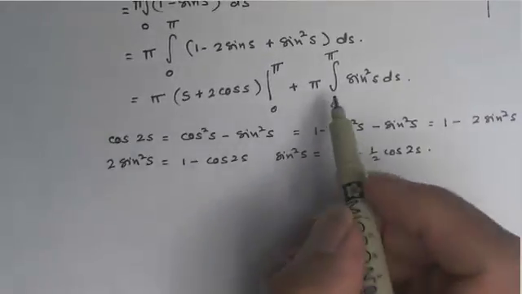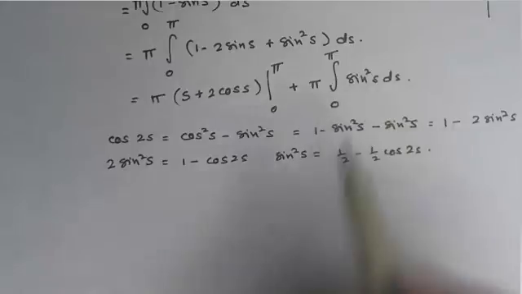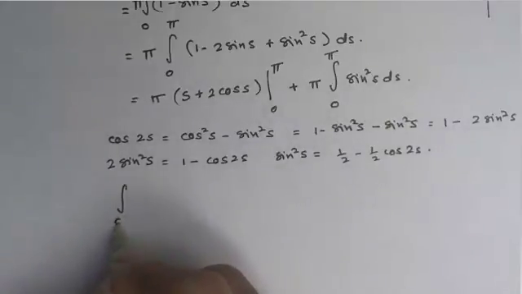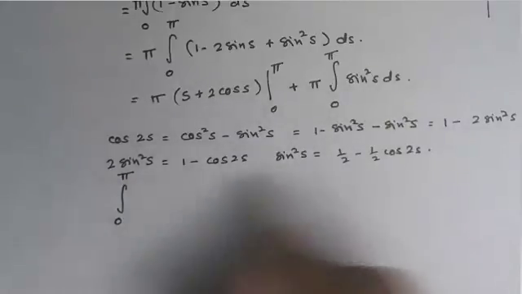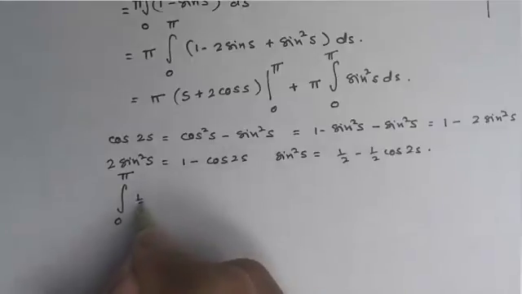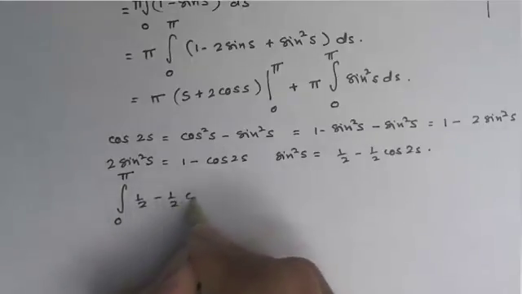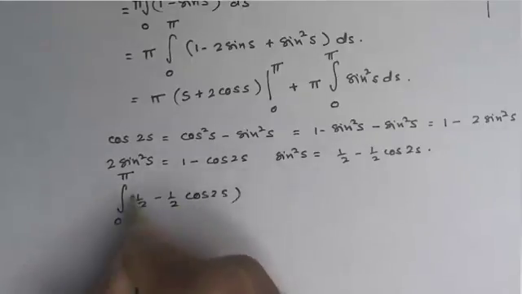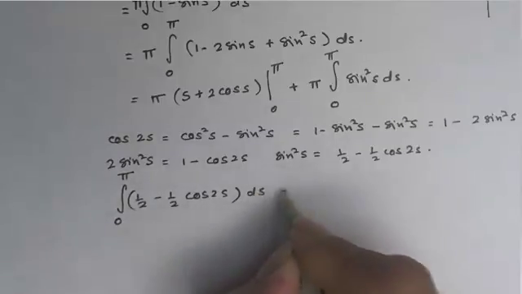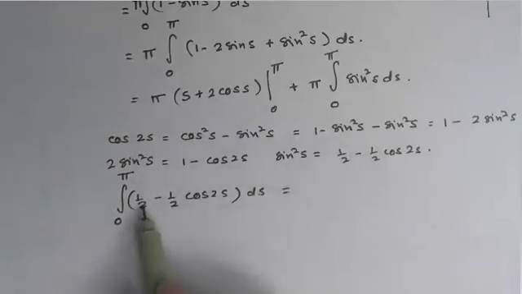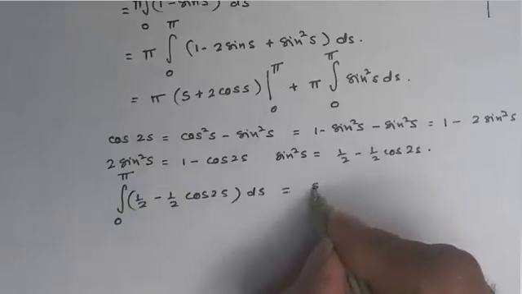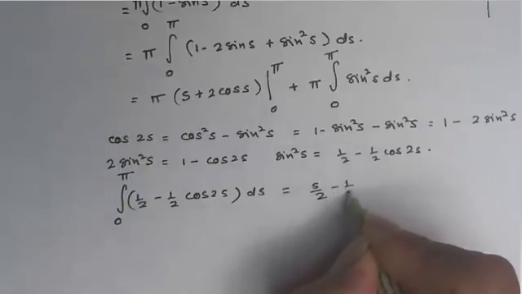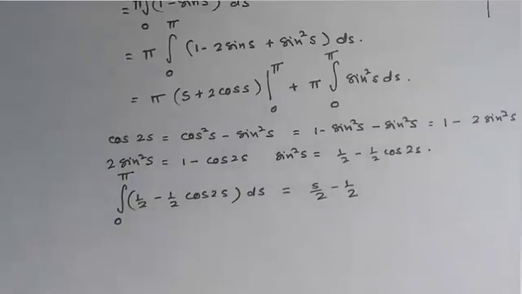So now remember, what we have to do is integrate sine squared s. So the integral from 0 to pi of sine squared s, which is the same as half minus half cosine 2s ds. And this equals s over 2 minus half the integral of cosine 2s.